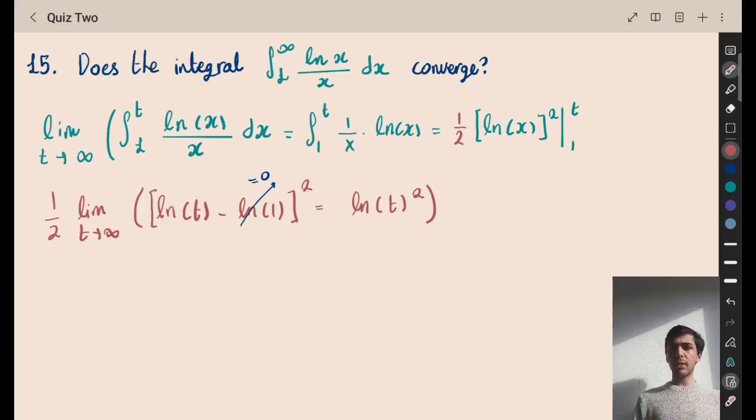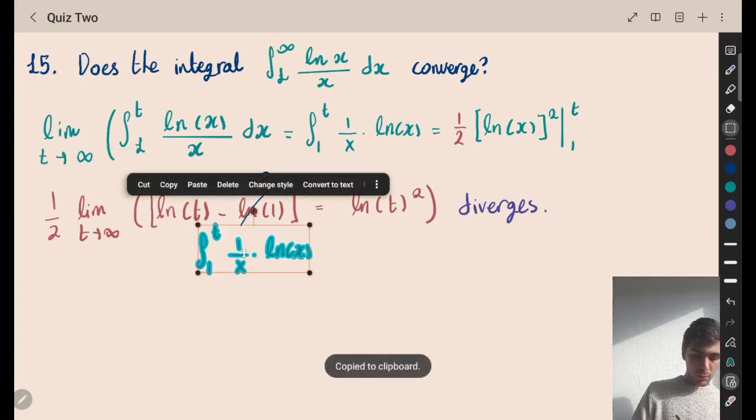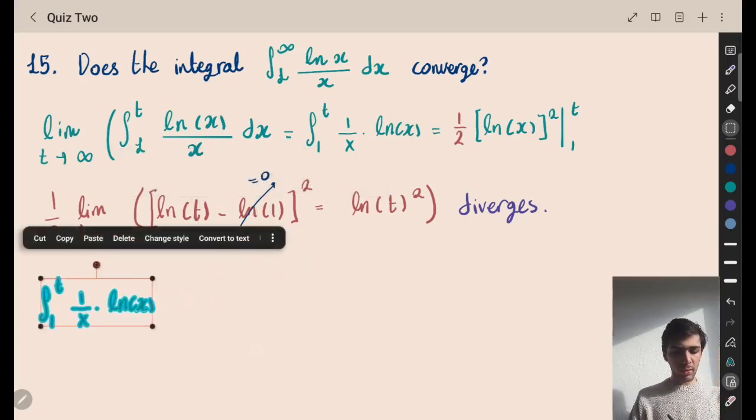So this is clearly increasing. Because it is increasing, and we are taking the limit to infinity, then this diverges. That's about it. Maybe I'll do the integration by parts part here, if you're interested. If you're not, you can of course close the video.